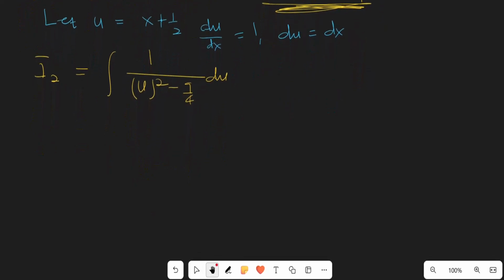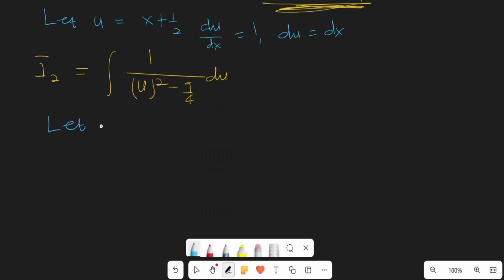And we need to do another sub here. This is now a trig sub. So the subs are in layers. So we can let u be equal to, here, what squared will give you 9/4. The trick here is to take a number which, if you square it, should give you 9/4. So that is 3/2.